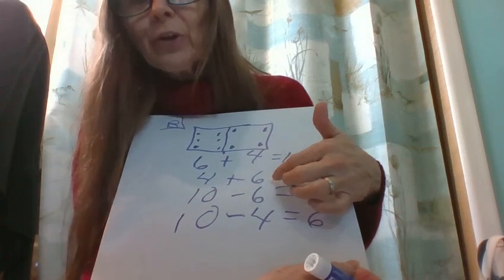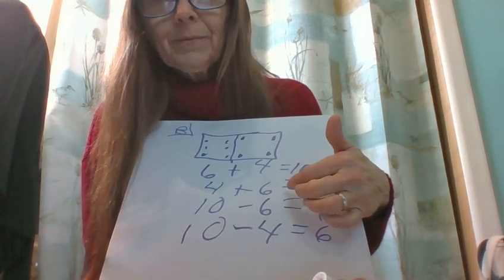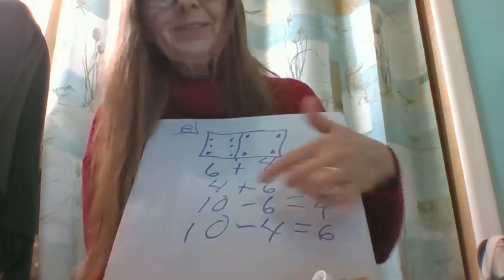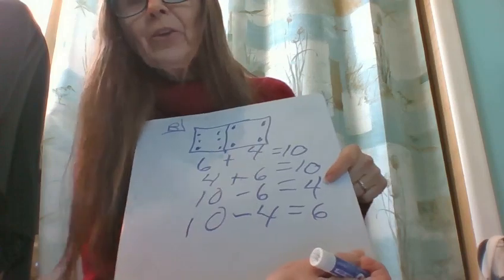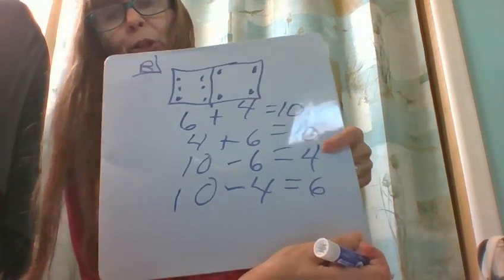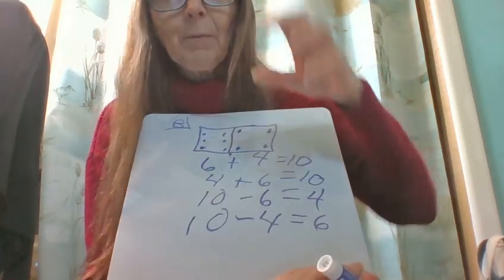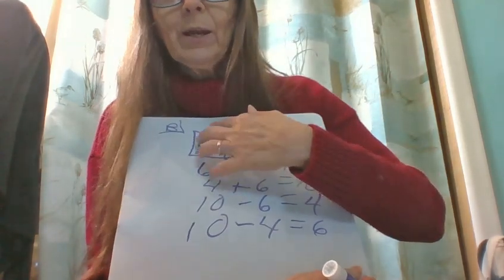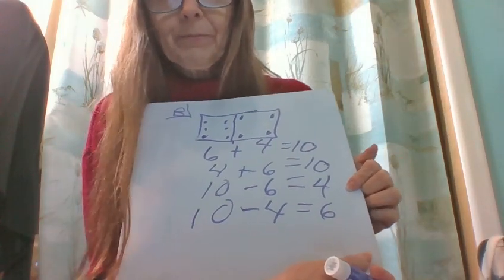This is the number that we are taking away. The subtrahend. Yes, the minuend and the subtrahend. And this is our remainder, our solution. Okay, so we take 10, which is the big number. We take away one half of the domino, and then we have the other half left.